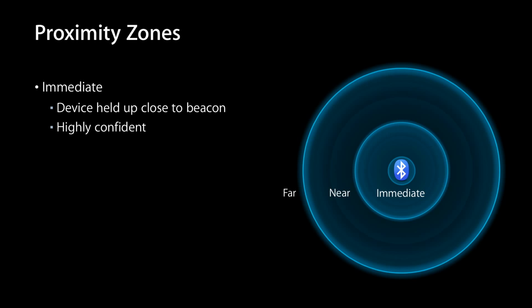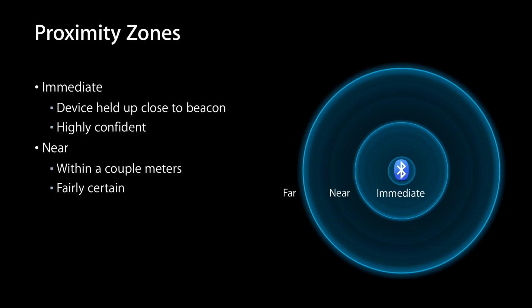And because we're so close to the beacon, the signal strength from the beacon is very strong. All the detection of iBeacons is based on signal strength. And when we have a very strong signal strength, we can be very confident of the distance to that beacon. Now, moving further out from there is the near zone, probably on the order of a few meters.